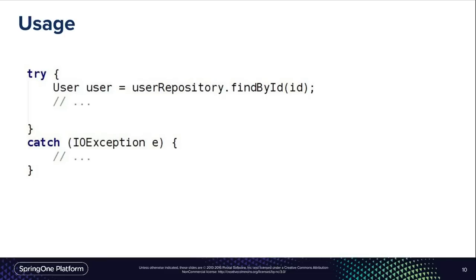We invoke the user repository, and then when the user is back, we do something with it. If there's an exception, all of this happens within the same thread. It's really easy to write this logic. It's sequential. There are no additional callbacks to deal with. But it does mean that if there's any latency introduced by the repository, that impacts our overall processing time. We're blocking the current thread for that.